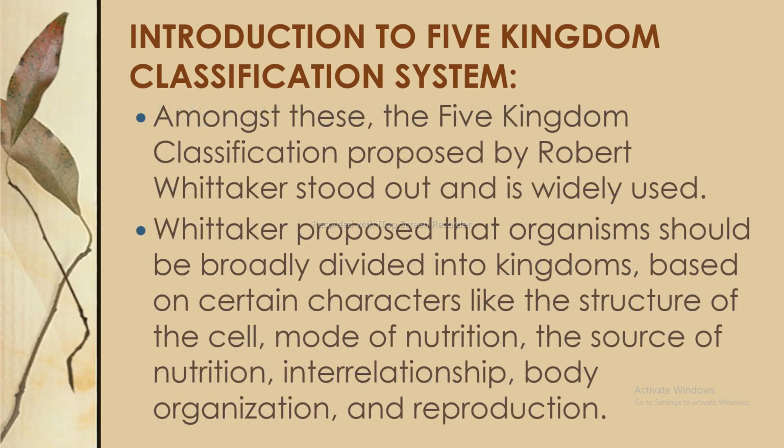Amongst these, the five-kingdom classification proposed by Robert Whittaker stood out and is widely used. Whittaker proposed that organisms should be broadly divided into kingdoms based on certain characters, like the structure of the cell, mode of nutrition, source of nutrition, interrelationship, body organization, and reproduction.